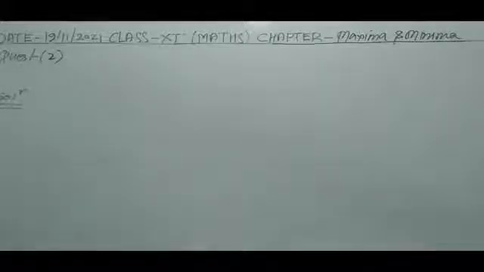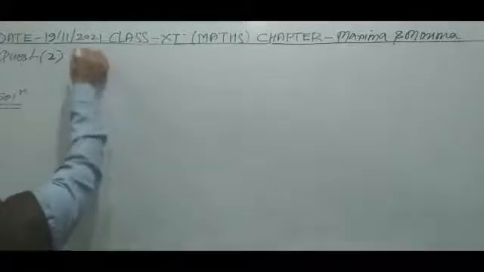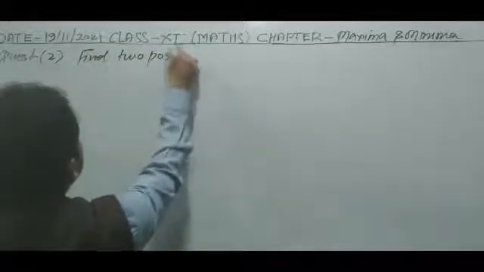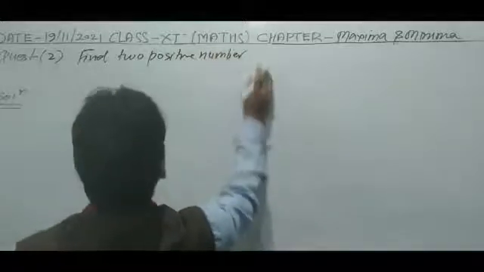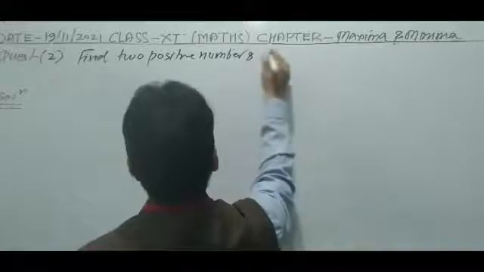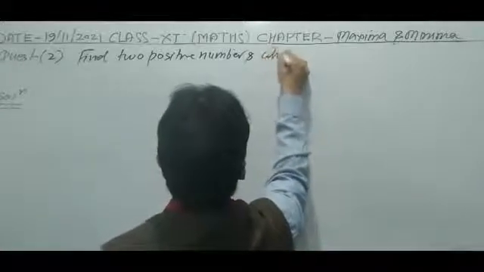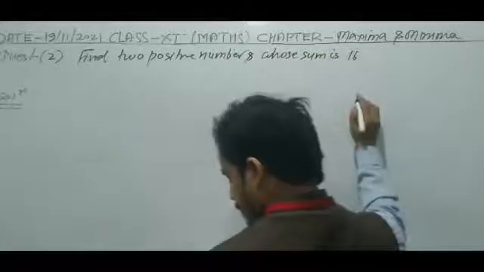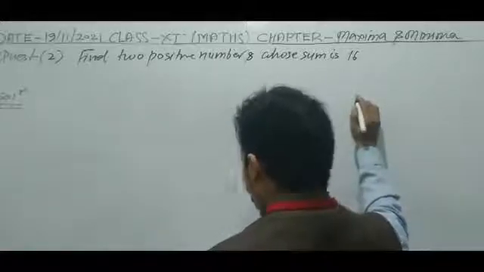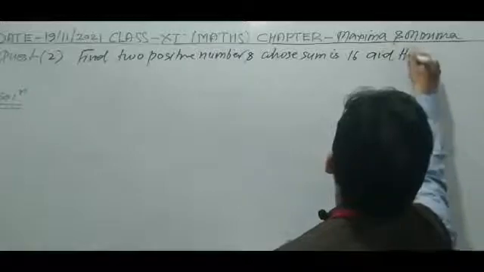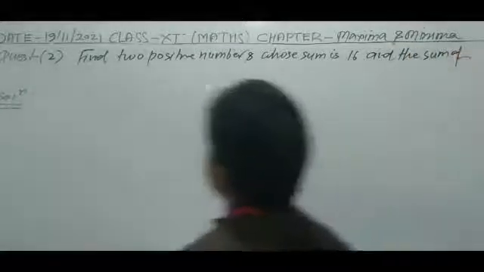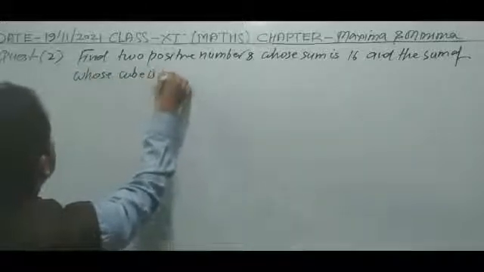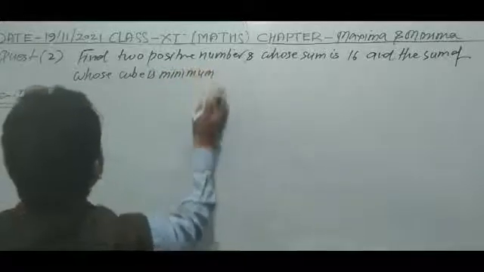Find two positive numbers whose sum is 16 and the sum of whose cubes is minimum.